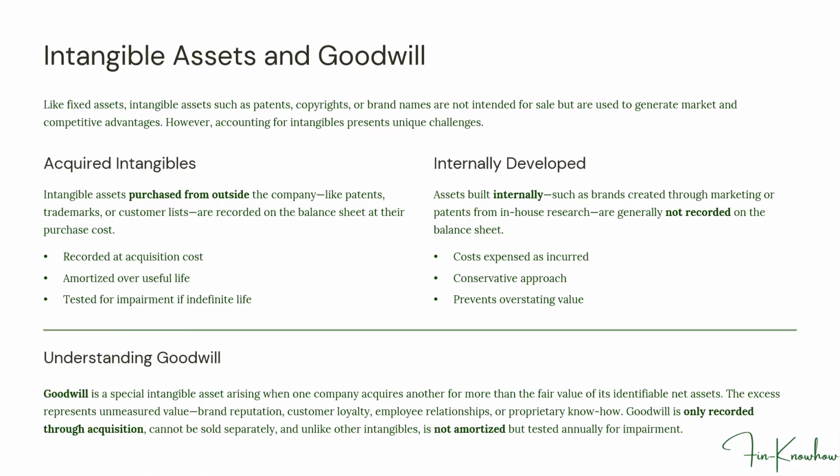And if it has to be written down, it's said to be impaired. And accountants are required, unlike with amortization, to test the goodwill recorded on the balance sheet for reliability and accuracy on an annual basis. And these tests are called goodwill impairment tests.